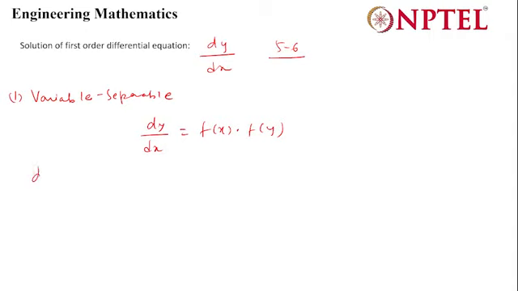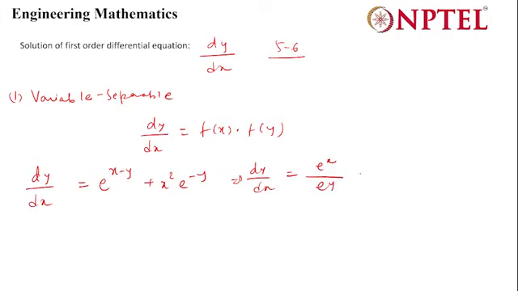Let's take one example. dy by dx is equal to e to the power x minus y plus x square e to the power minus y. This is a variable separable equation. How can you write this one again? dy by dx is equal to e to the power x by e to the power y plus x square by e to the power y.